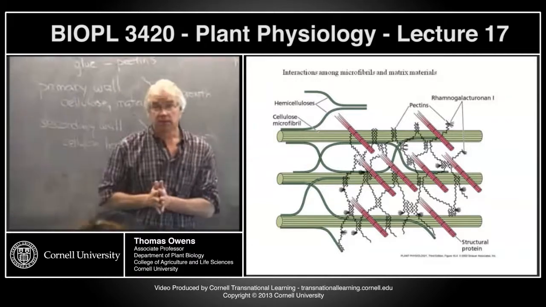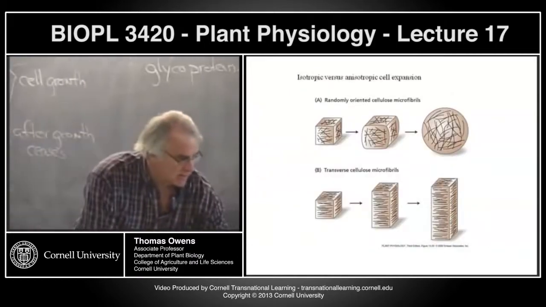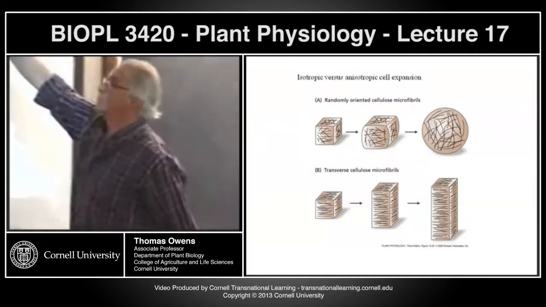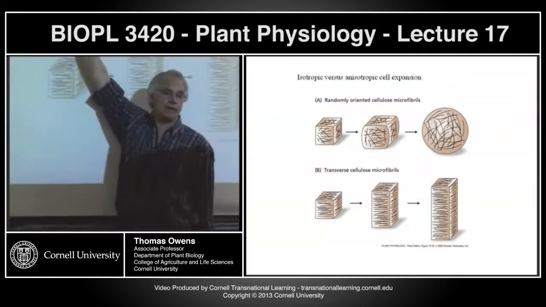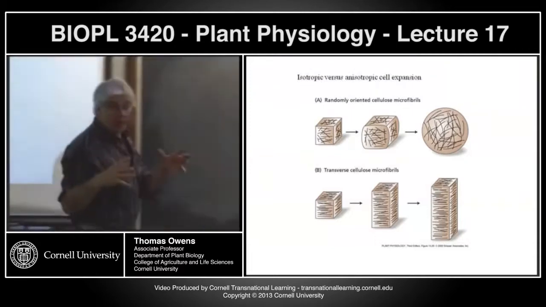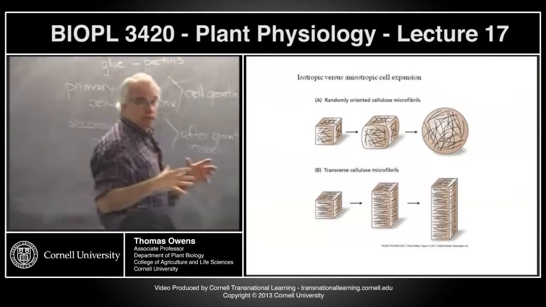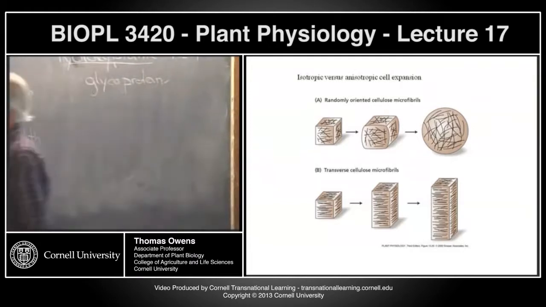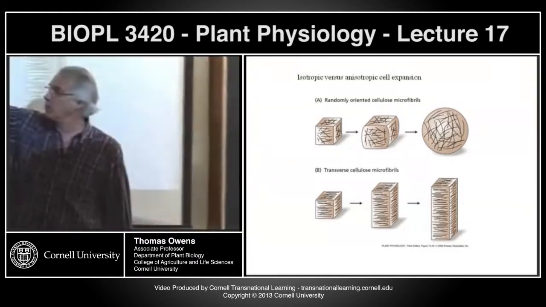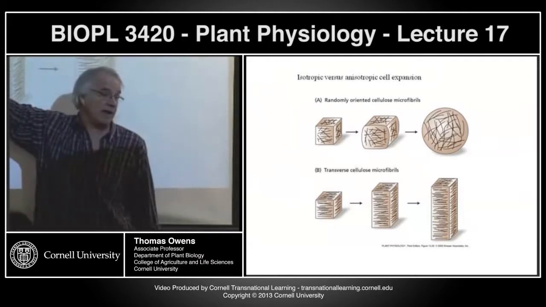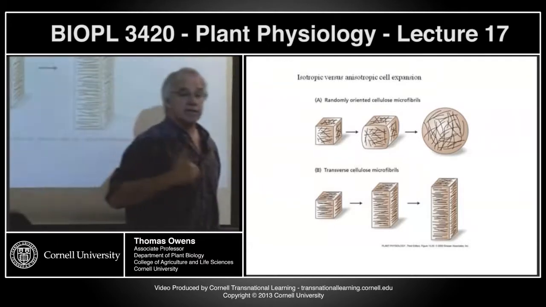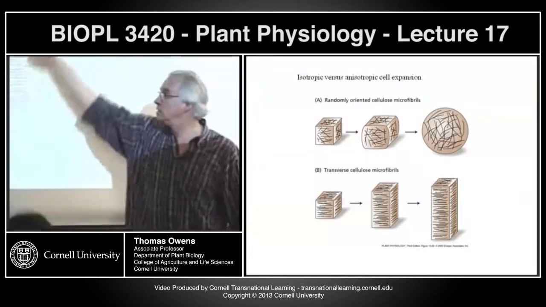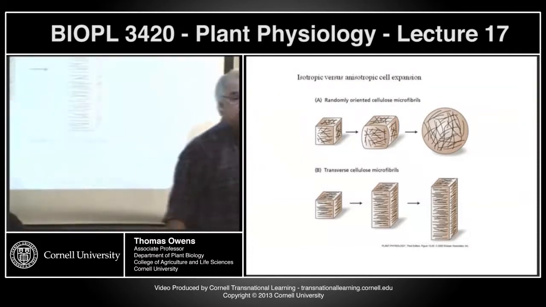interactions. Okay, so what that means is, in cells where the cellulose microfibrils are randomly oriented, the cell tends to expand isotropically, uniformly in all directions. Where in a cell where all the cellulose microfibrils are laid down in the same direction, the cell tends to expand in directions that are perpendicular to the orientation of the cellulose microfibrils.